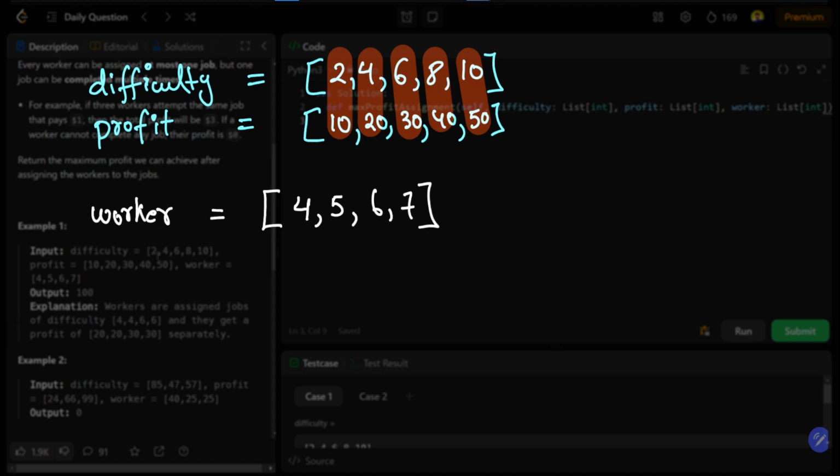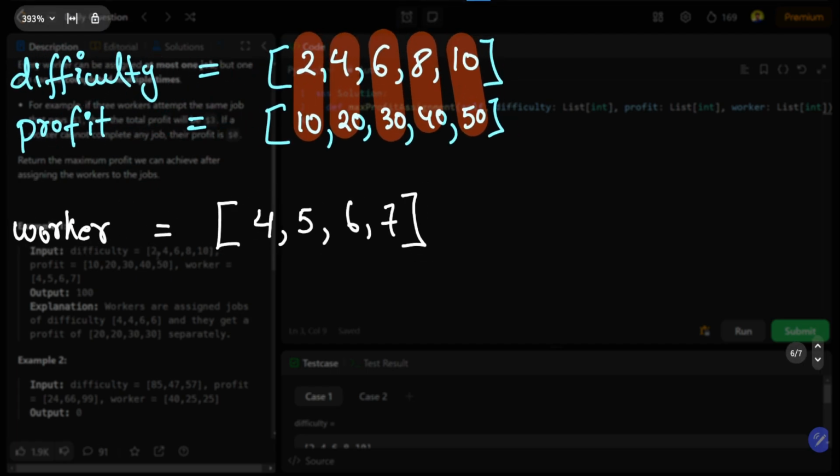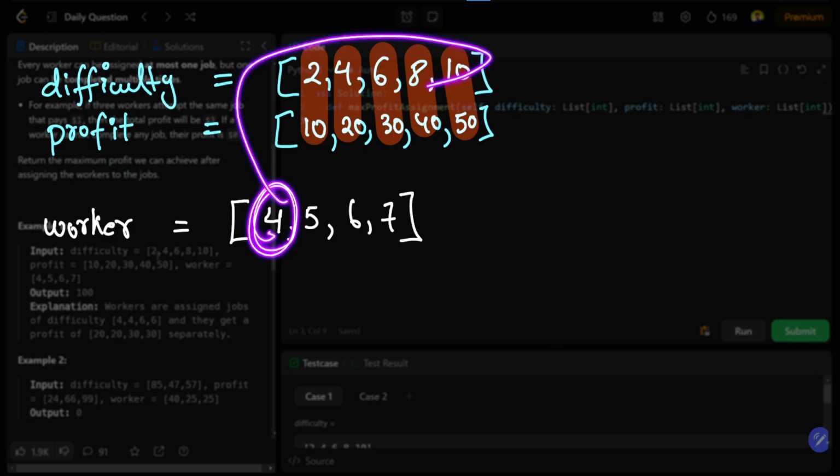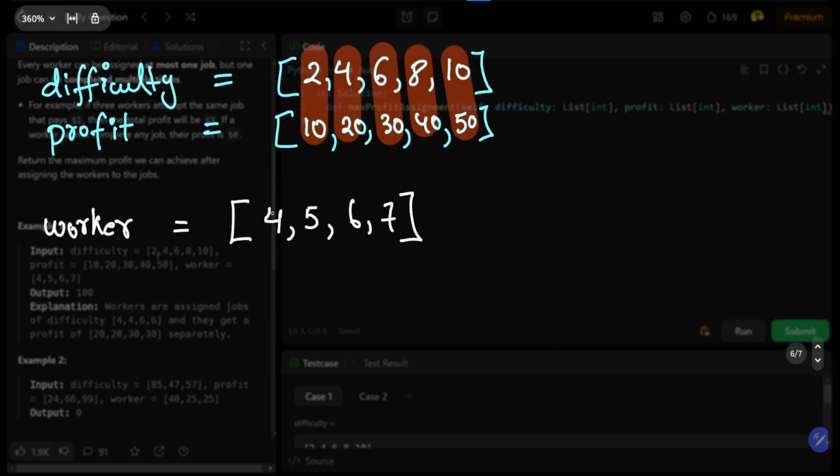Now a very brute force approach: we can ask every worker to search for the job which they can do.